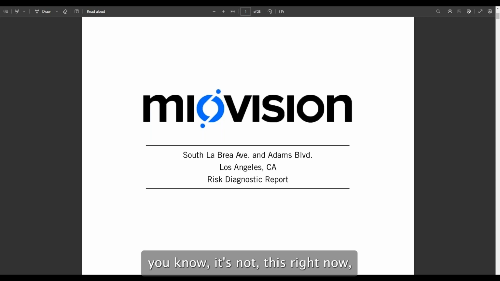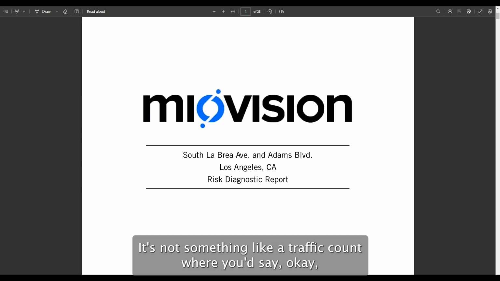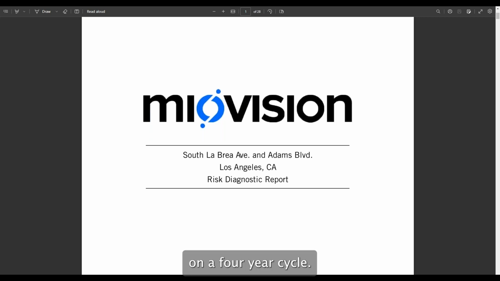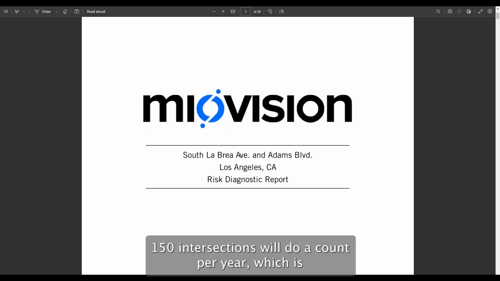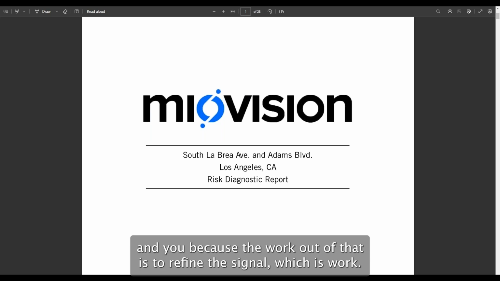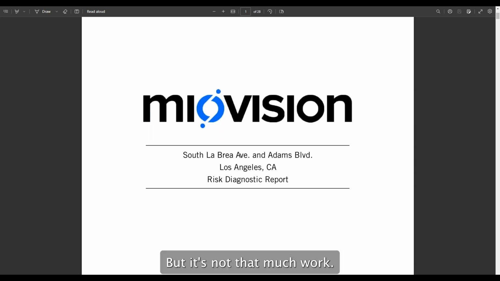It's not something like a traffic count where you'd say, okay, we have 600 intersections in the network, so we're going to count them on a 4-year cycle, 150 intersections per year, which is a low-cost study, and the work out of that is to retime the signal, which is work, but it's not that much work.